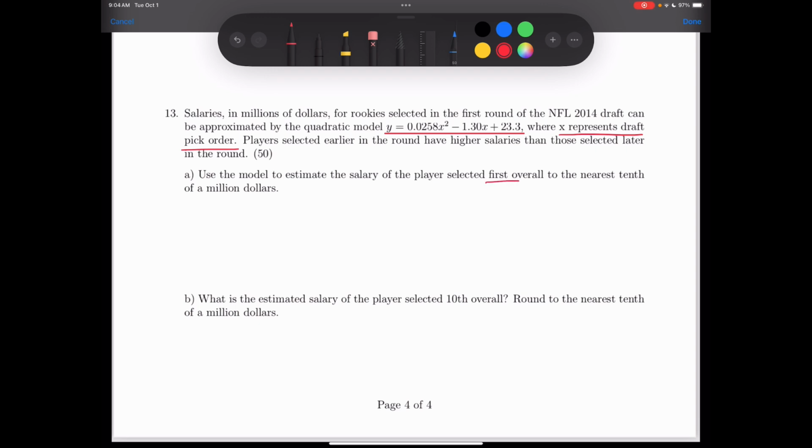So, what number am I plugging in for X if that is the first overall draft pick? 1. So, plugging in 1 for X, I get y equals 0.0258 times 1 squared minus 1.3 times 1 plus 23.3.